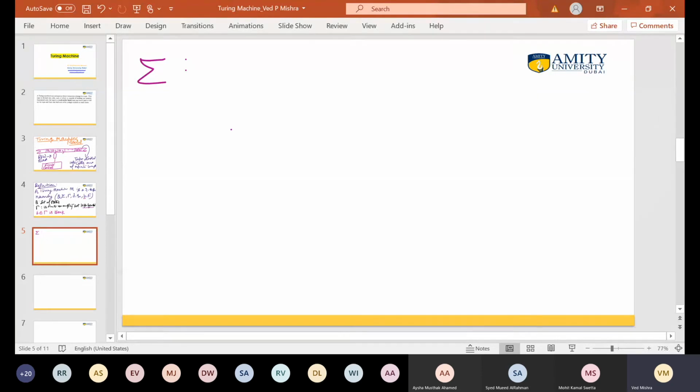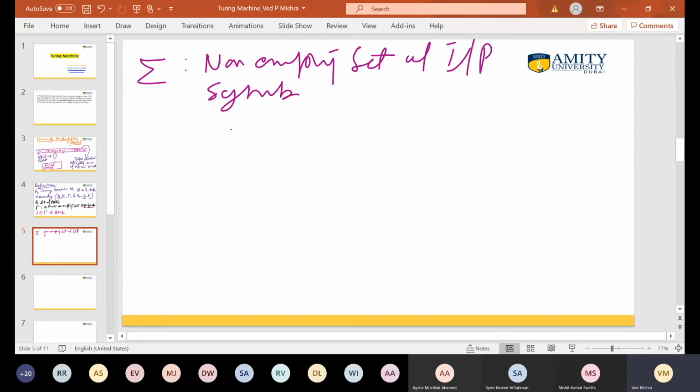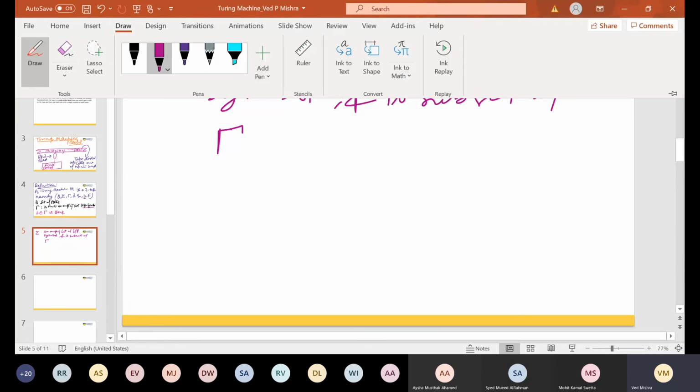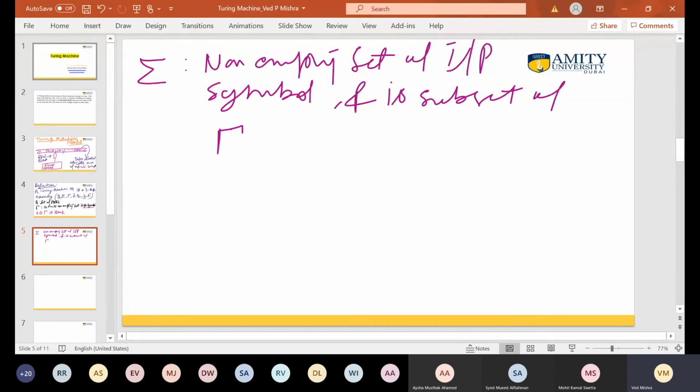This I think you all must be knowing. It is a non-empty set of input symbol. Now, if I'm saying non-empty set of input symbol, you can always say it will be a subset of the tape symbol as well, means input symbol is a subset of tape symbol.